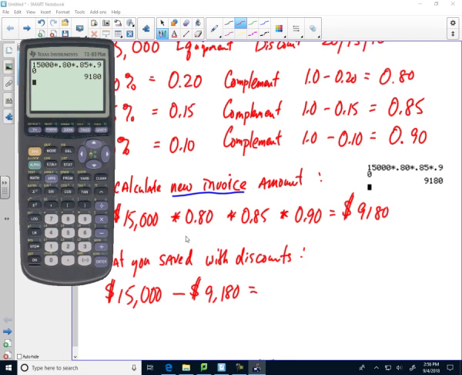Calculator. So 15,000 minus 9180. Say 5,000.